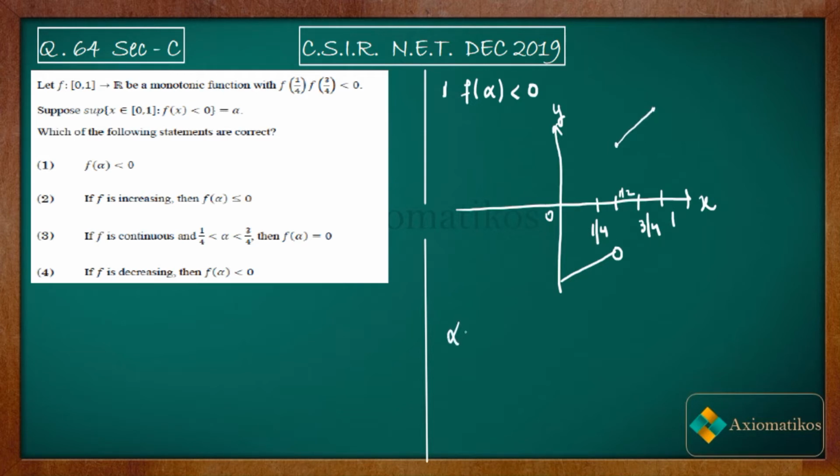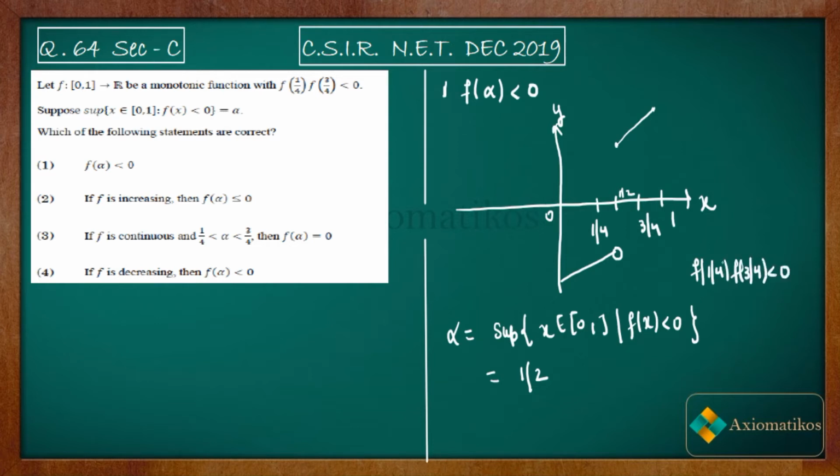So alpha is the supremum of x belonging to [0, 1] such that f of x is less than 0. In this case it is equal to 1 by 2. The function is satisfying all these properties. I am taking f to be monotonic, and the product f of 1 by 4 times f of 3 by 4 is less than 0 also.